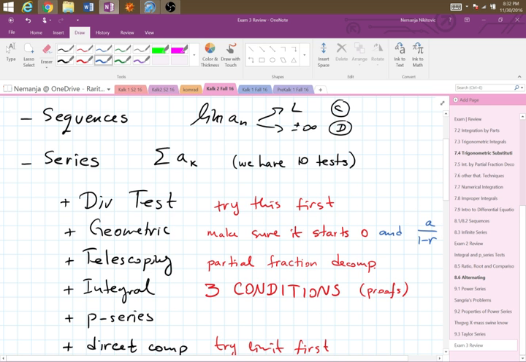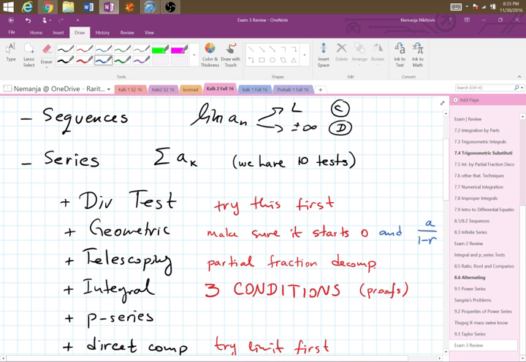So after the exam, the exam will be 1 hour and 20 minutes. That's the standard time. I extend it usually 5 minutes. And then after that, we'll do 10.1, which is parametric equations. And then the next class we'll do the last two, and then the following class we'll have the review. And then if you need one more review, we can do that as well. So we have time. Anything else for the exam?